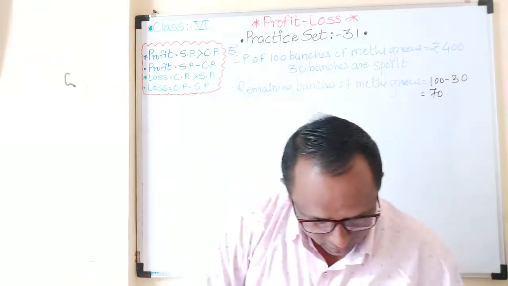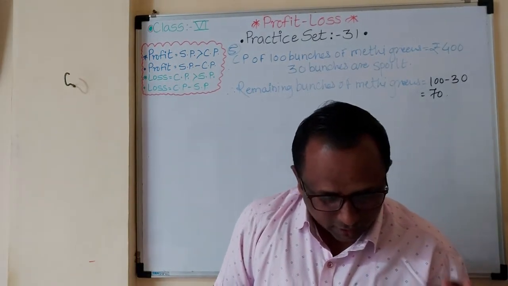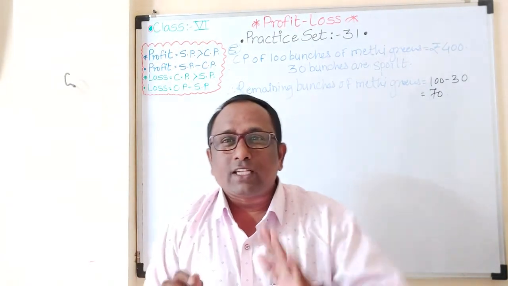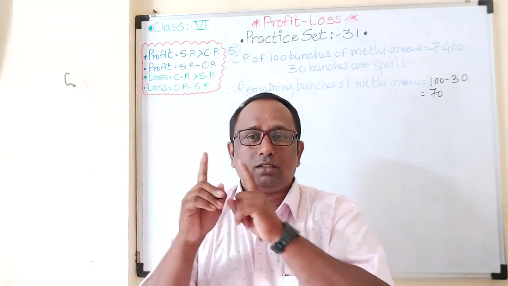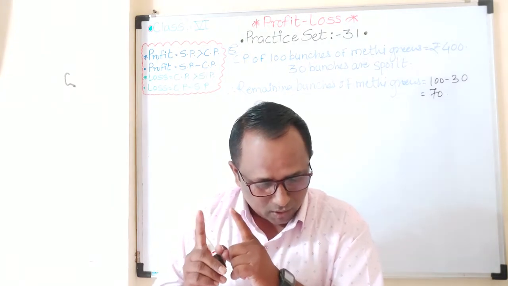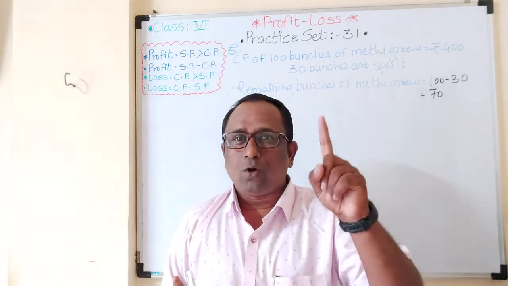Now here they said in a sudden downpour, he sold the rest at the rate of 5 rupees each. So rest means how much? 70 bunches. So he sold 70 bunches at 5 rupees each, meaning one bunch 5 rupees.